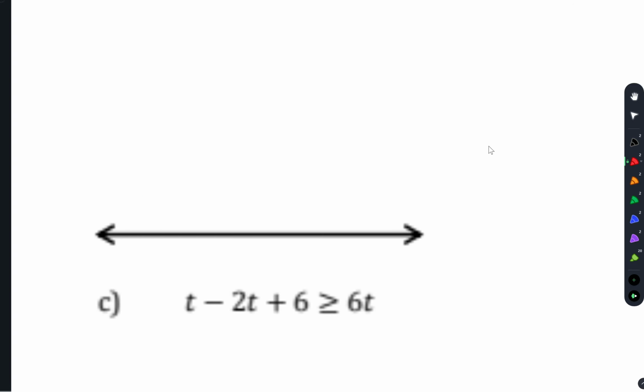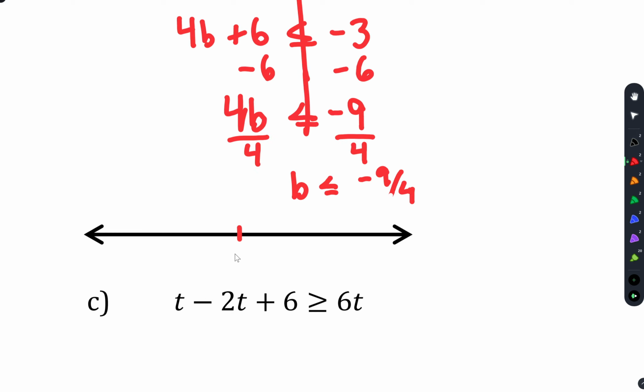Hopefully we're pretty familiar with the graphing part by this point. We're going to put our number right in the center. I'm going to pick a number bigger than negative 9/4 and a number smaller than negative 9/4. I'm not going to make my life harder than it has to be. I'm going to pick nice whole numbers. So a number bigger than negative 9/4, can I go with 0? And a number smaller than negative 9/4.